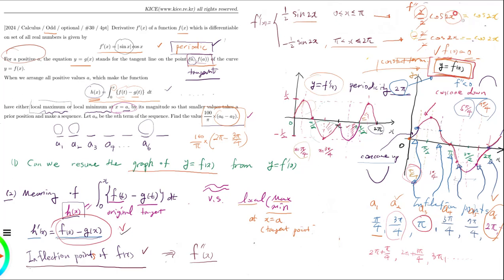We have to check the point where the second derivative of f is 0. So in this case, if we put this one as 0, then we get x equals pi over 4 and 3 pi over 4 here.